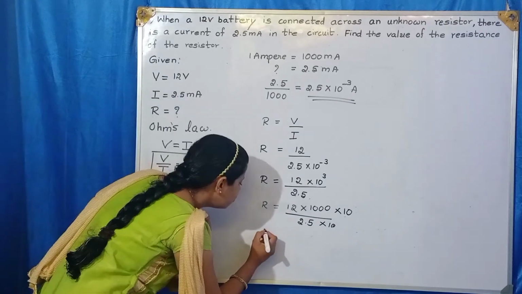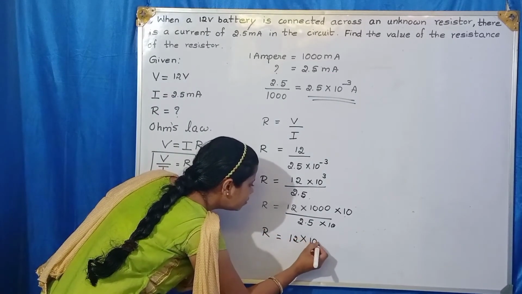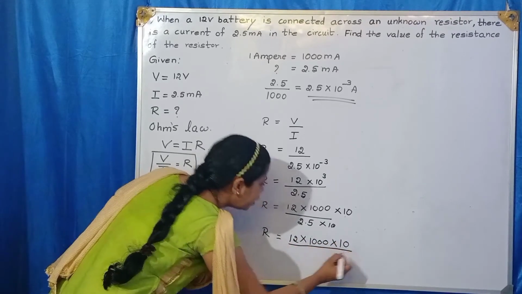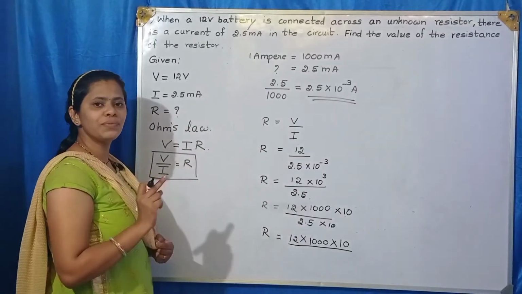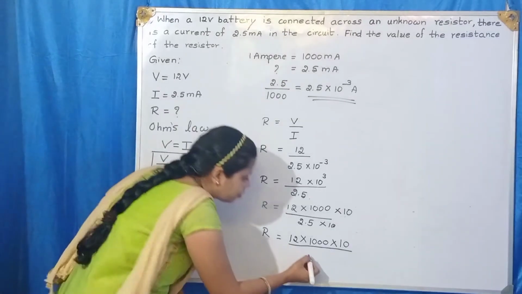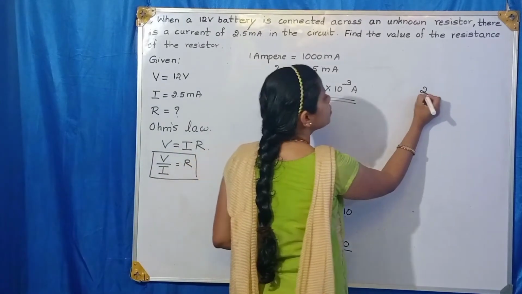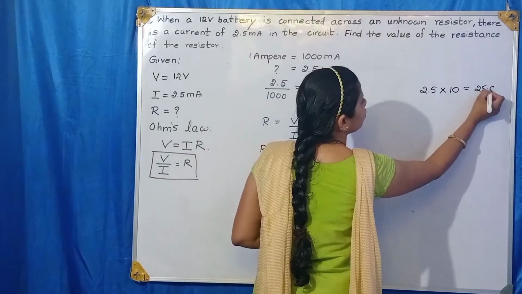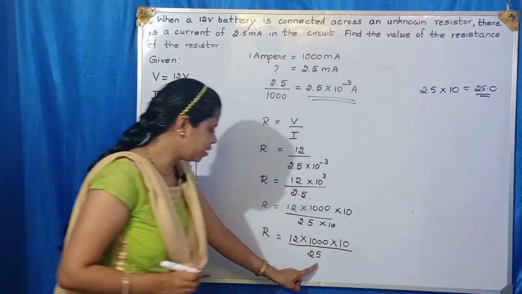Then R is equal to 12 into 1000 into 10 divided by 2.5 into 10. It's nothing but 25.0. But we will take only 25. 25.0 is nothing but 25 only, isn't it? So we will take only 25.